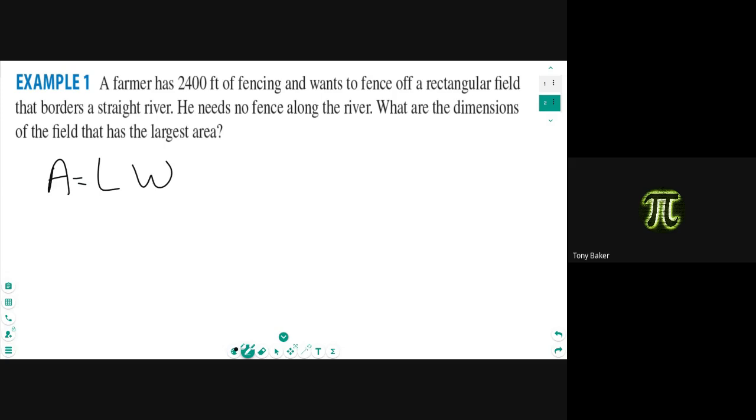I know I have 2,400 feet of fence, right? So that would technically be my perimeter, right? And how do I find the perimeter of a rectangle? Correct. Okay.